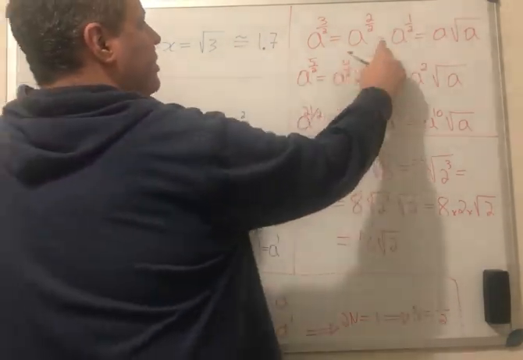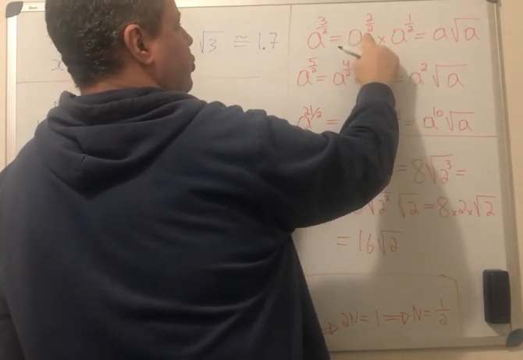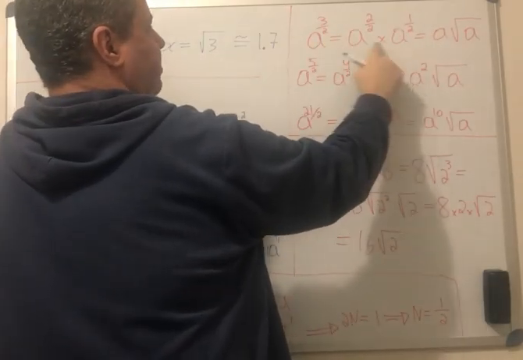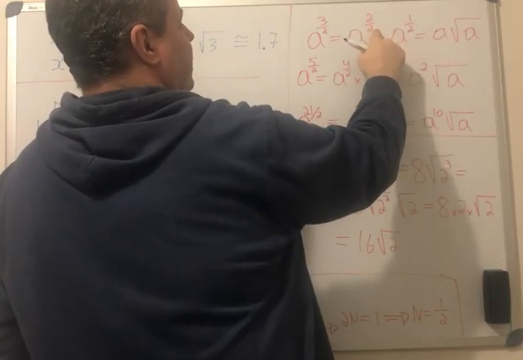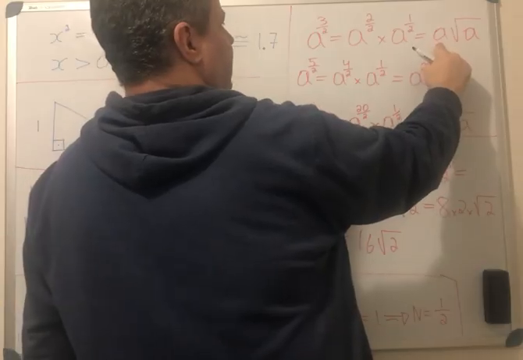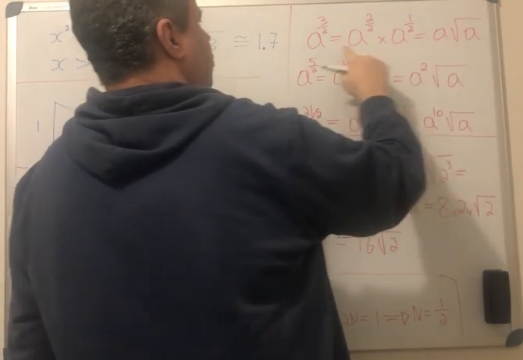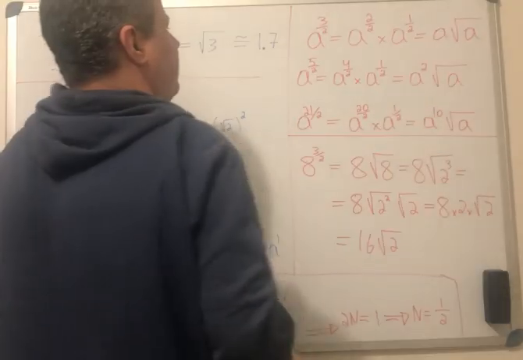So if I multiply these two numbers, I repeat the base a and add up the exponents. 2 over 2 plus 1 over 2 is 3 over 2. So this part is correct. But a to the power 2 over 2, that's just a to the power 1. a to the power 1 is just a. And a to the power 1 half is the square root of a. So a to the power 3 halves is a times the square root of a.